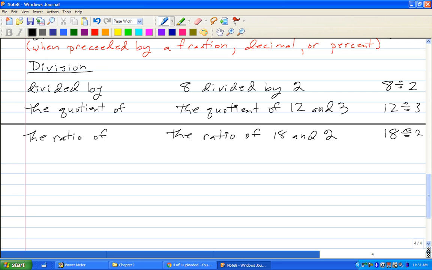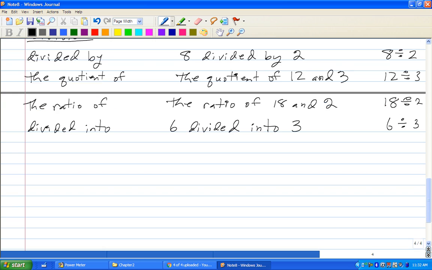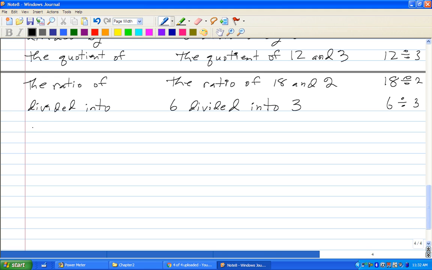Divided into: say 6 divided into 3 parts, so 6 divided by 3. Into: sometimes 5 into 4.